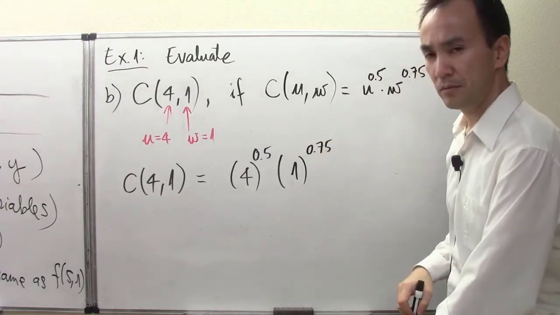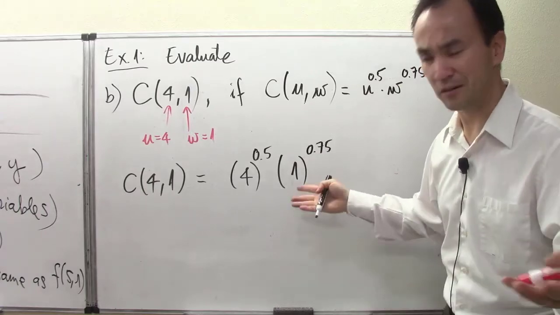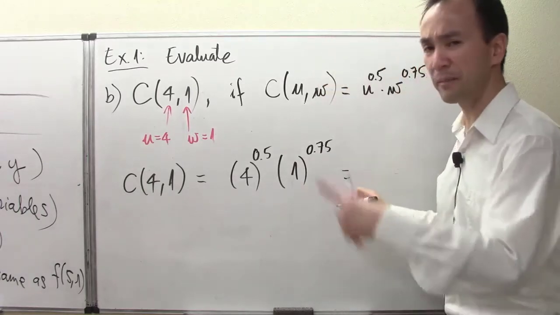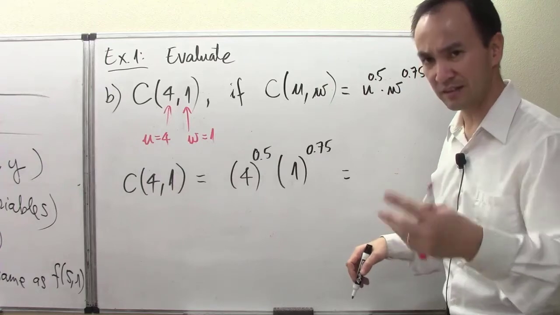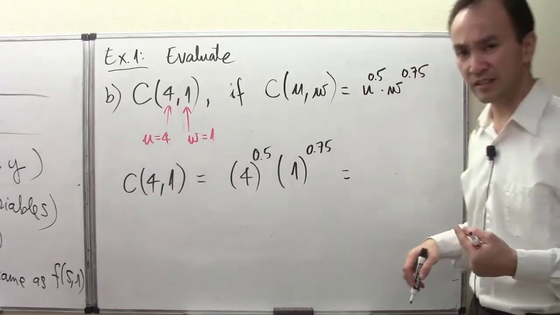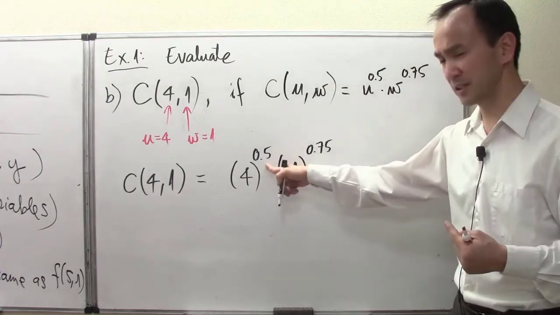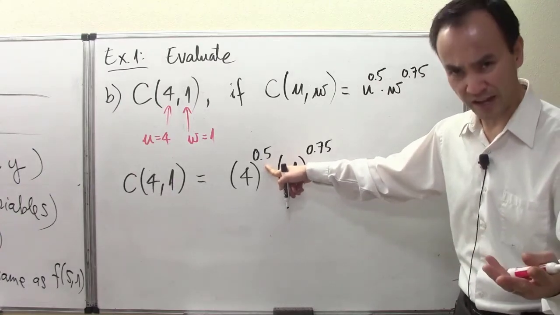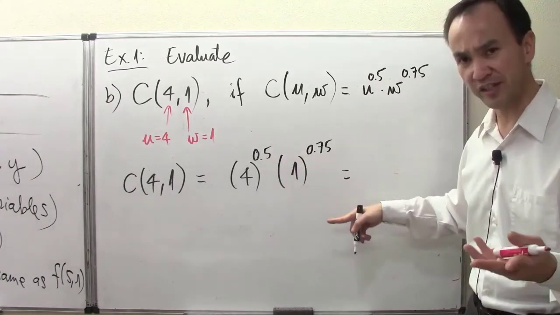Now I don't want to keep swinging back and forth, and I don't want to swing over to my computer to get the graphing calculator yet. So think about this. 0.5 right here, you can use your calculator, but 0.5 is the same as a square root.